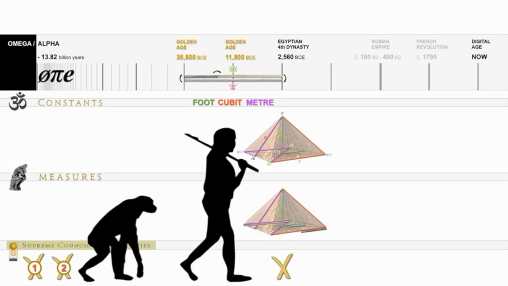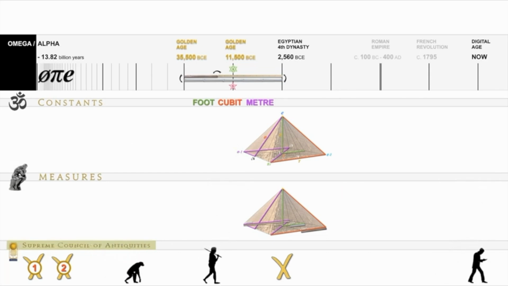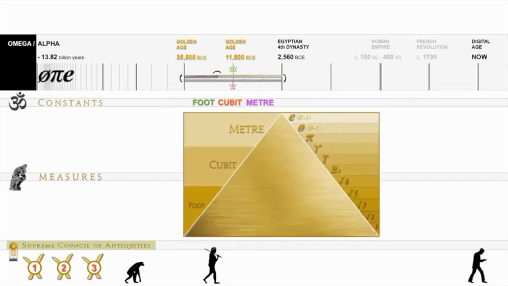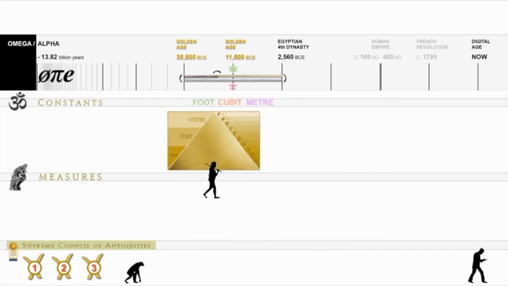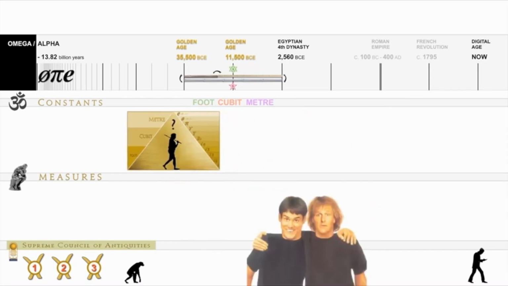Ape, caveman, to brilliant us. It's simply not possible for the pyramid to be older than stated, because how could inferior man ever even build it? But that's where they're trapped, because exactly, how could such a sublime, perfect repository of ancient wisdom be created by, well, dumb and dumber?